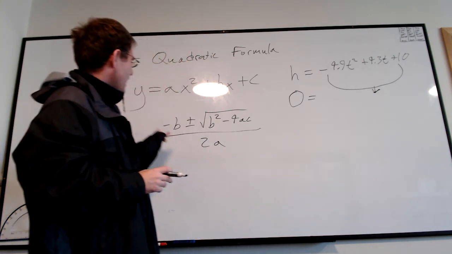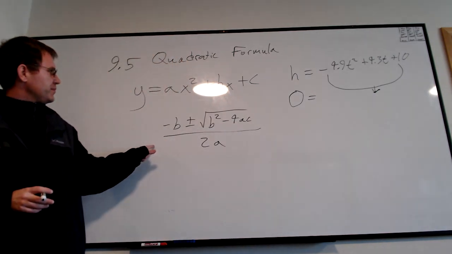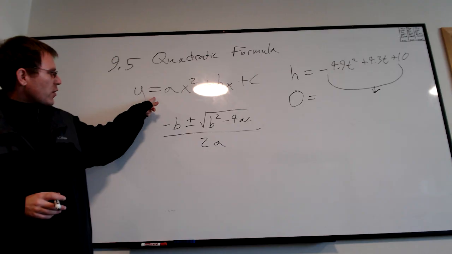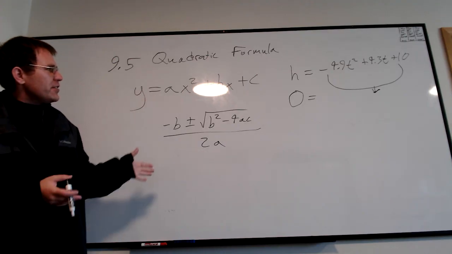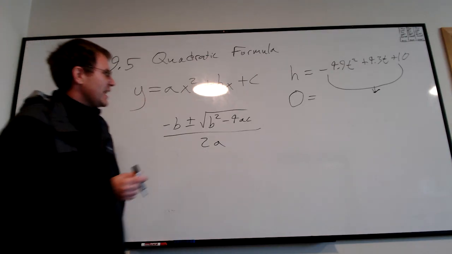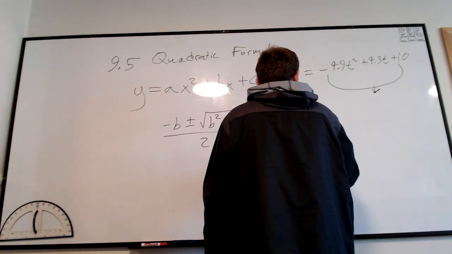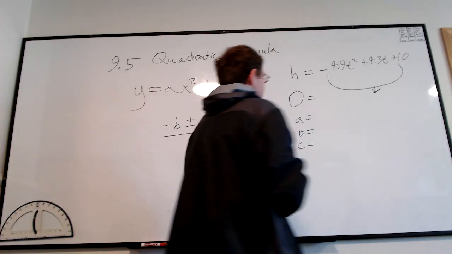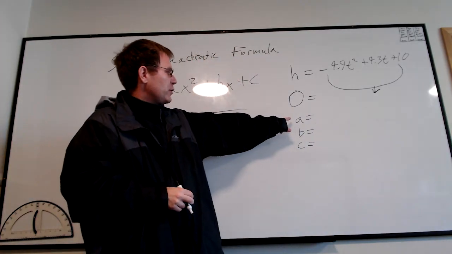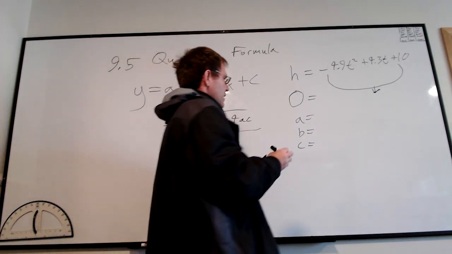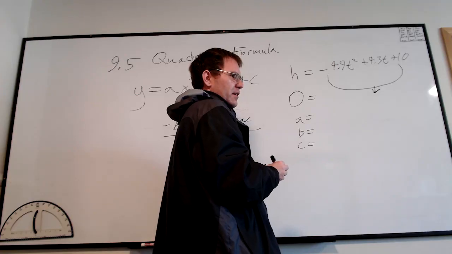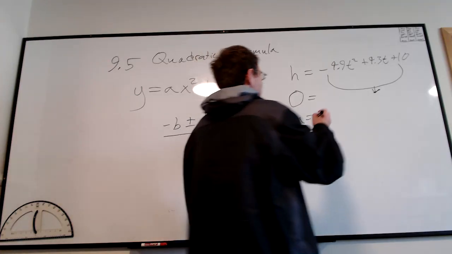Okay, so we already have the quadratic formula written right here. We know that this is the form. So again, whenever you're doing this, the first thing you want to do is label: what does A equal? What does B equal? And what does C equal? So in this case, A would equal what? 4.9. Positive or negative? Negative, yeah.